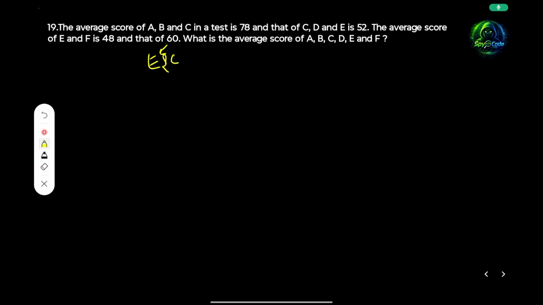The average score of A, B, and C in a test is 78, and the average score of C, D, and E is 52. The average score of E and F is 48, and the average score of E and C is 60. So, what is the average score of A, B, C, D, E, and F?